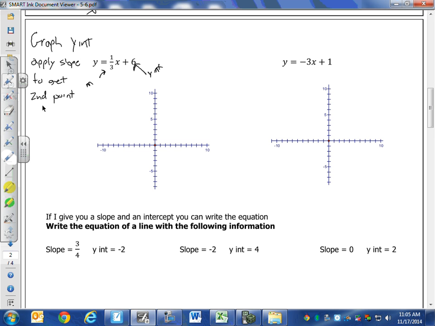No need for x-intercepts, just a y-intercept and a slope is all you need. 0, 6 is your y-intercept.